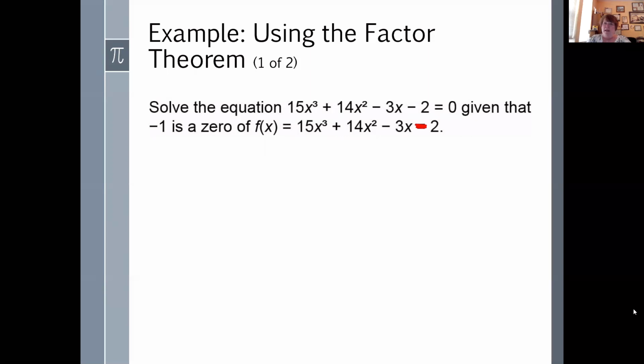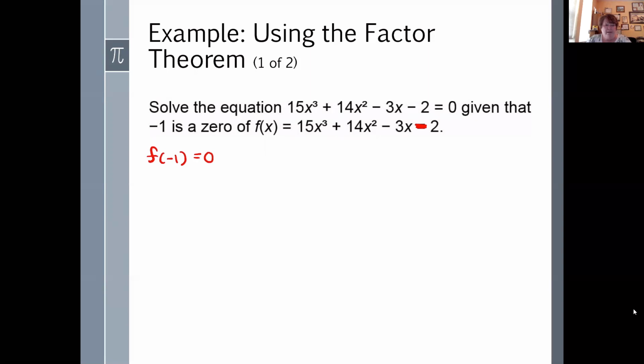Remember, when a number is a 0 of a function, if you evaluate that function at that number, you get 0. For a given input, in this case -1, the output will be 0. So if it's a 0 of a function, when you input it into your function, your output will be 0. So that means f of -1 is equal to 0.